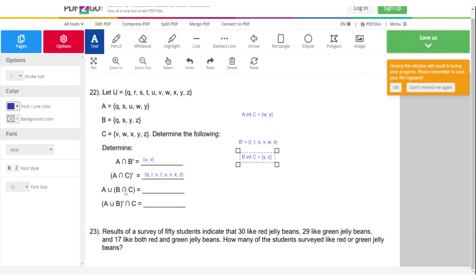That's in the parentheses. All right, now we got to union that with A. In other words, we got to take A and add it to the one we just did. And it doesn't add anything.